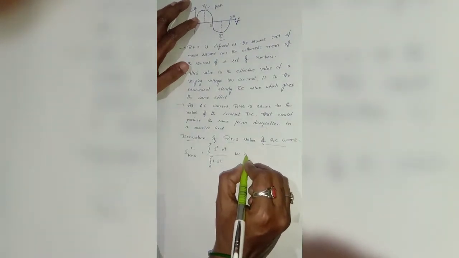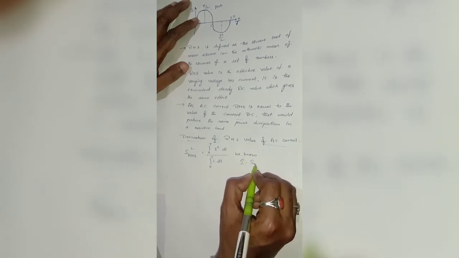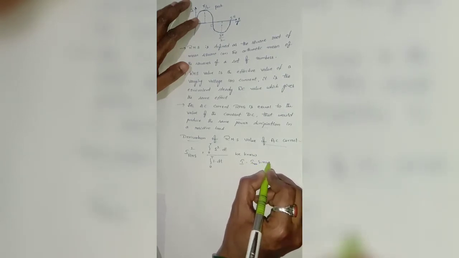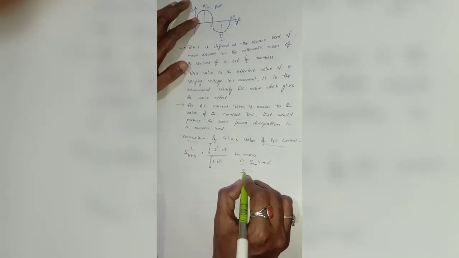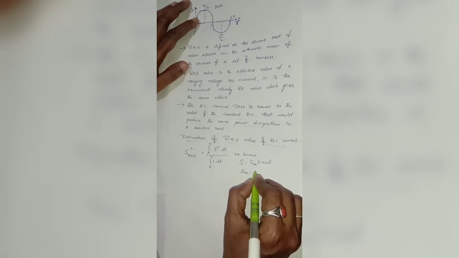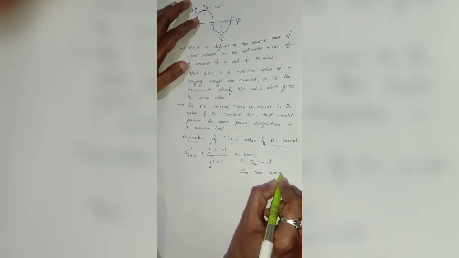We know AC current I is equal to Im sin omega t, where Im is the maximum current or peak current.